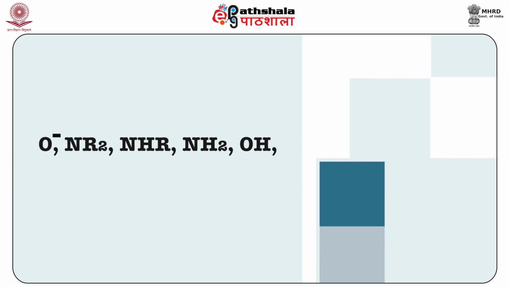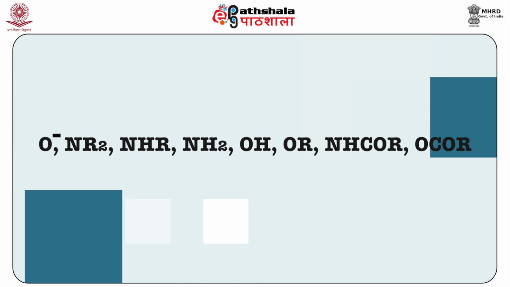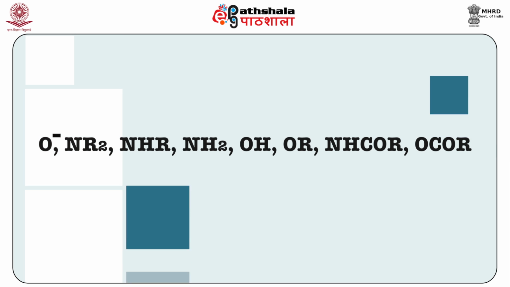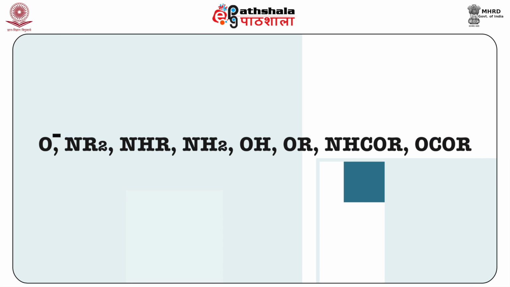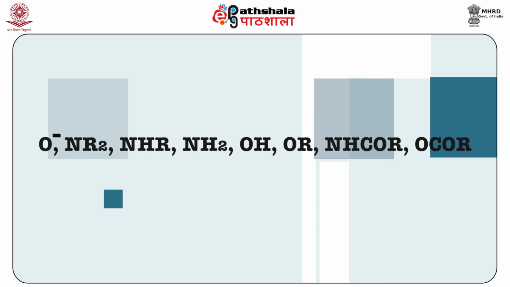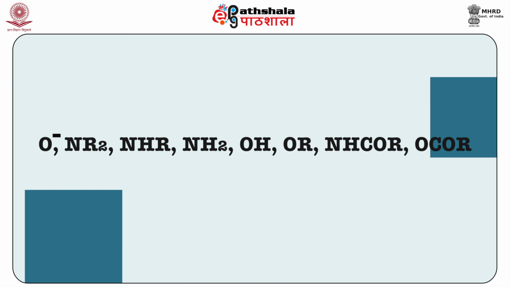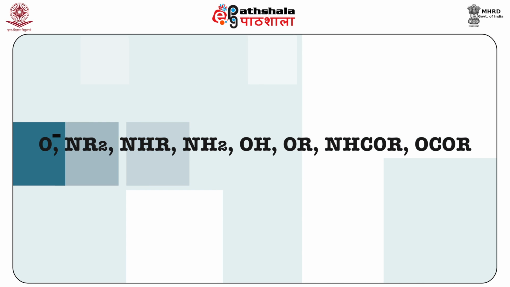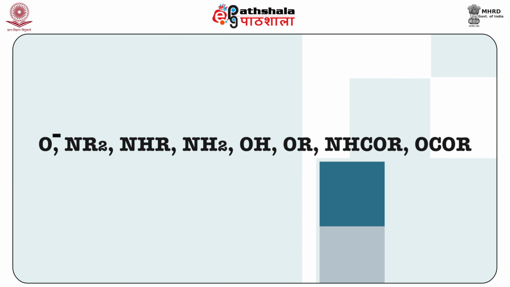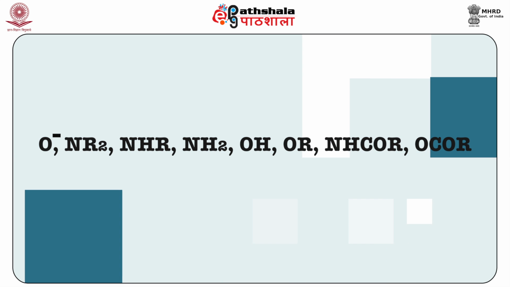Now let us come to the first category of the R group, where R, or say X, is equal to O-, NR2, NHR, that is a primary, secondary and tertiary amine, NH2 also, hydroxyl OH, ether OR, NHCOR, that is the substituted amines, and the OCOR groups, that is the ester groups.